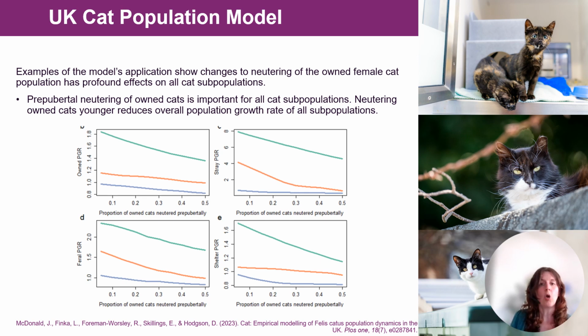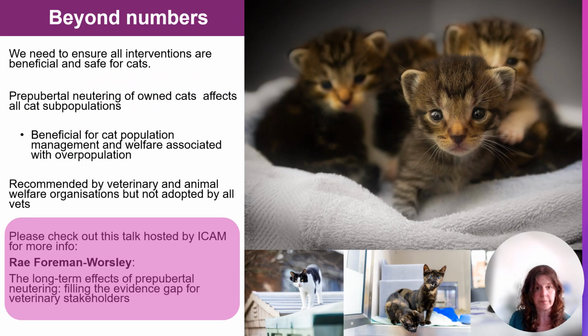Finally, I've been speaking a lot about populations, but underpinning this are the people and the cats. So continuing thinking about prepubertal neutering, I just briefly wanted to signpost to some other work we're doing looking at age of neutering on cat welfare. Whilst the model and population studies can start to guide the relative impact of interventions, we can't lose sight of the individual. So prepubertal neutering is an area that we've looked into in some detail.